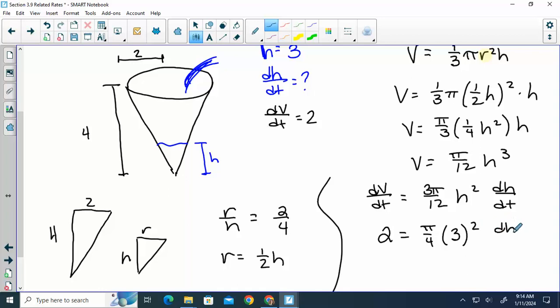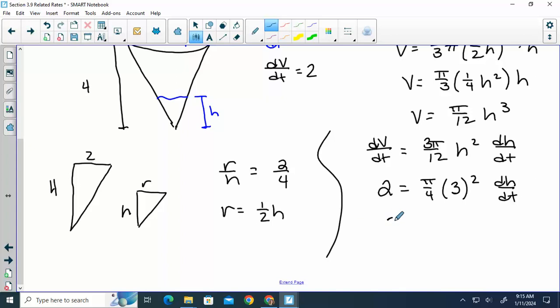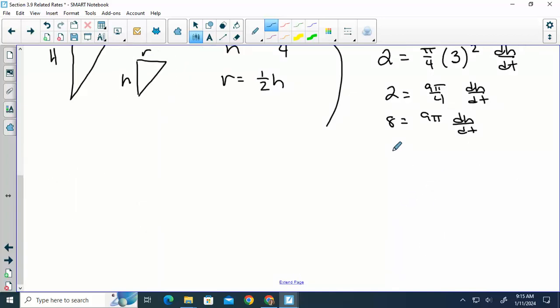We don't know dh/dt. So we get 8 over 9 pi.